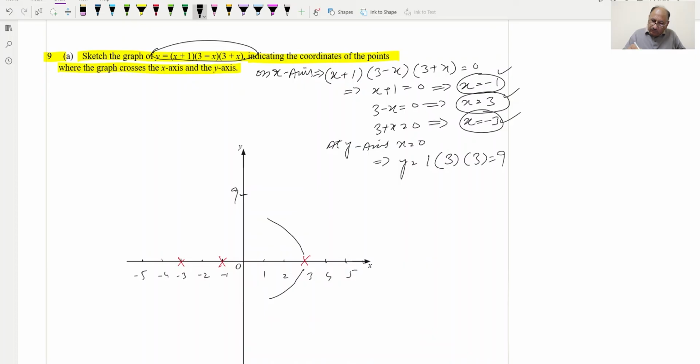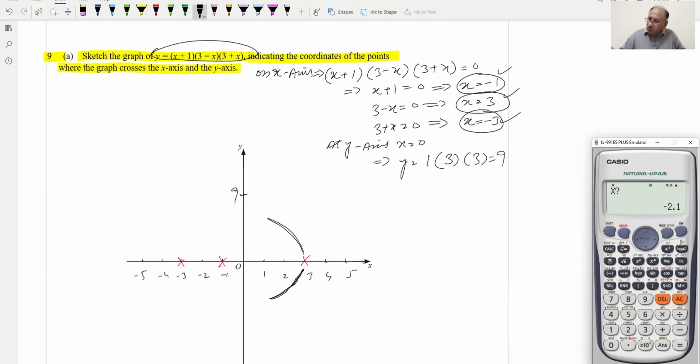If it is giving a positive value, then the curve is going up. Let us calculate for 2.9. It is giving us a positive value, so it means the graph is going up.